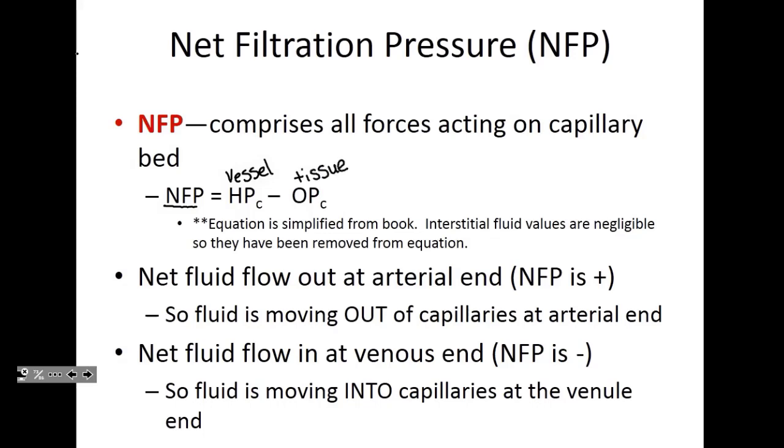Now, anytime net filtration pressure is positive, fluid is going to move out of the capillary. Anytime net filtration pressure is negative, fluid is going to move into the capillary. So let's go back to that picture, and we already know what way the fluid's moving just by looking at it, but let's go ahead and make sure that our net filtration pressure is positive where we think it should be positive and negative where we think it should be negative.